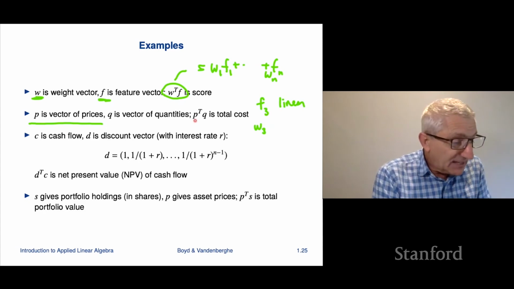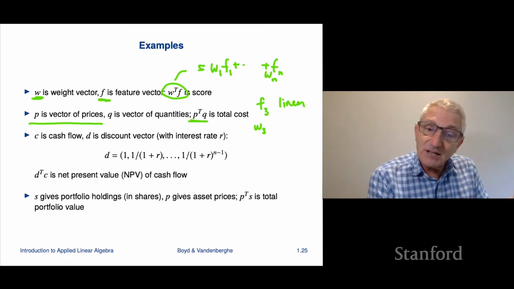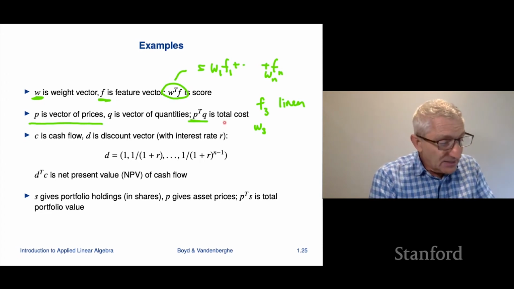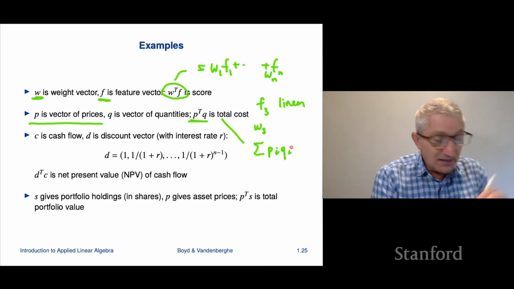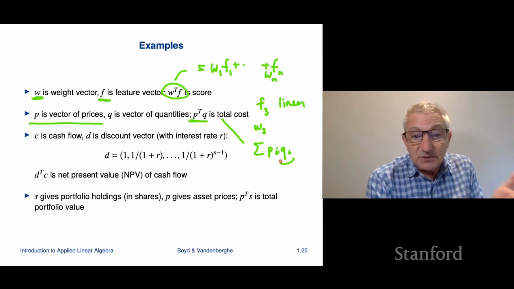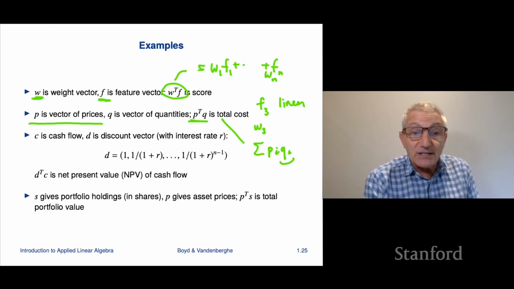And so if you take the inner product of P and Q, you're going to get the total cost. And the reason is pretty simple. That's equal to sum PI QI. But that's beautiful. QI is the amount of commodity I that you need, right? In units, right?